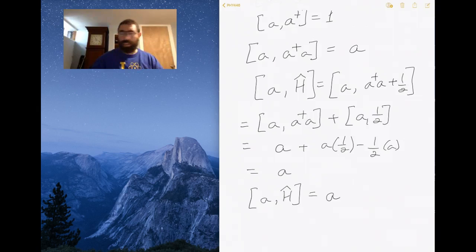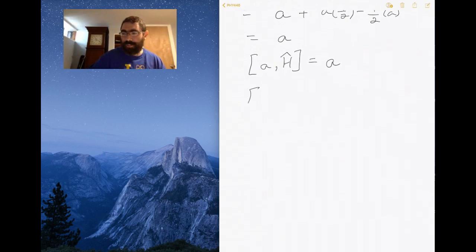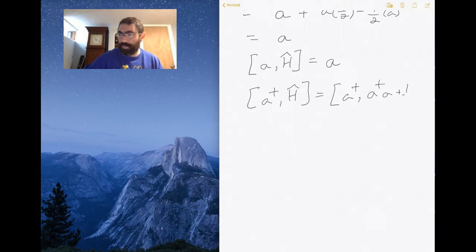Okay, now let's try it with A dagger. So if we take the commutator of A dagger with the dimensionless Hamiltonian, we get A dagger with A dagger A plus 1/2. And that gives us the commutator of A dagger and A dagger A plus the commutator of A dagger and 1/2.